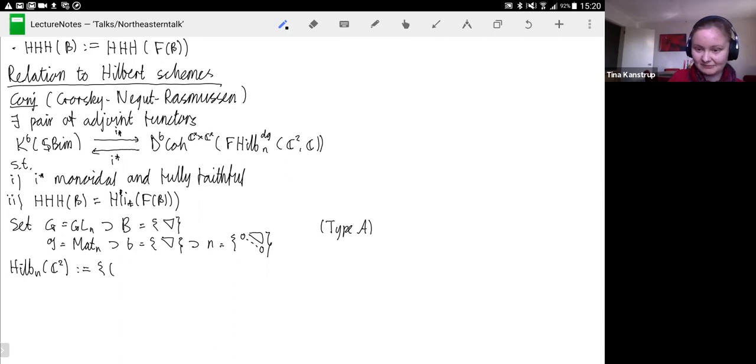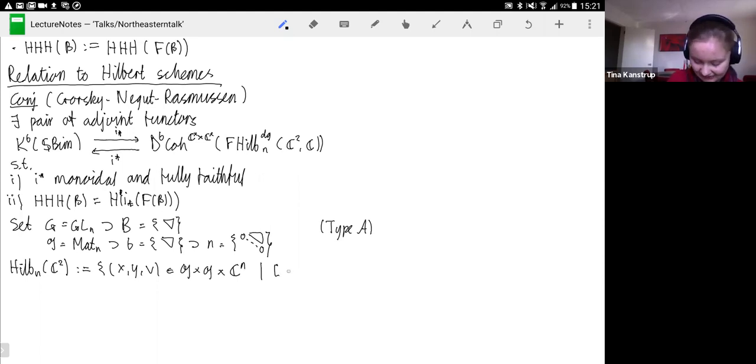So the Hilbert scheme is, as I said, a set of triples. No, I think I'll want to write it in the G quotient form. So I have two matrices, and then I have a vector.